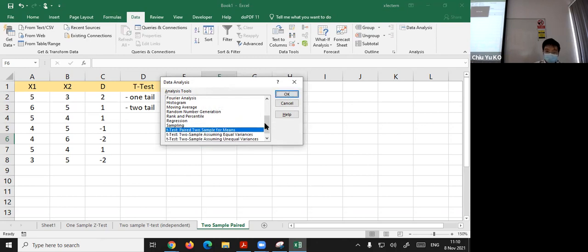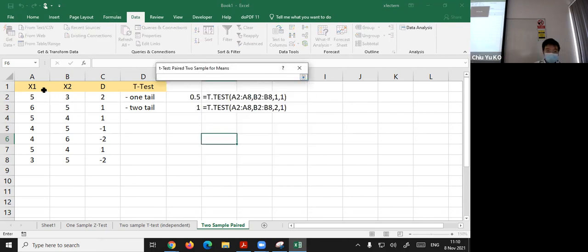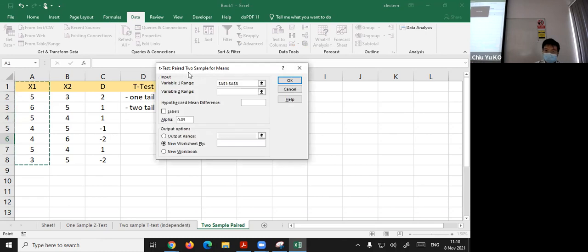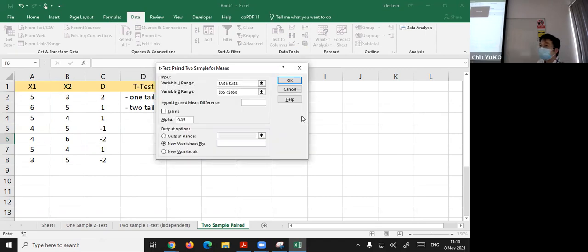So let's do that. Variable 1 is column A, paired with the sample. Variable 2 is this guy. Is that okay? And the hypothesized mean difference is 0.